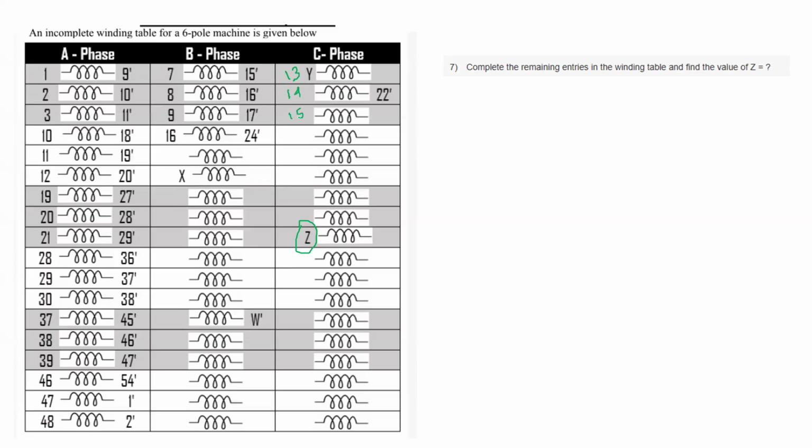Now, slots per pole is how many? 54 by 6, which is 9 slots. So 9 slots corresponds to 180 degrees. So 13 plus 9 is how much? 13 plus 9 is 22.